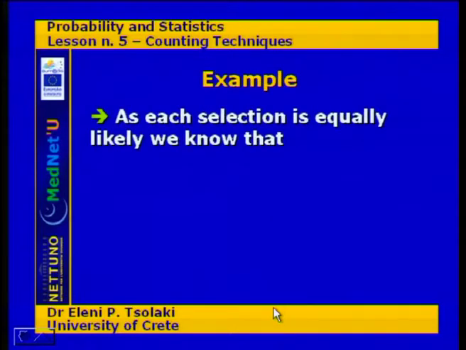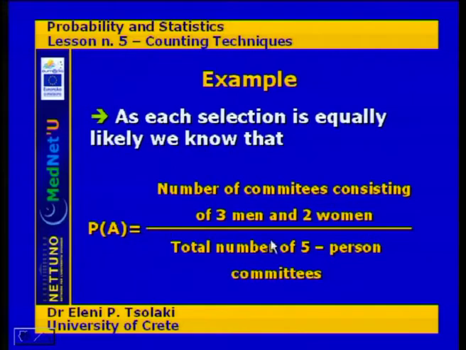So, as its selection is equally likely, we know that the probability of A will be equal to the number of committees consisting of 3 men and 2 women divided by the total number of 5-person committees.